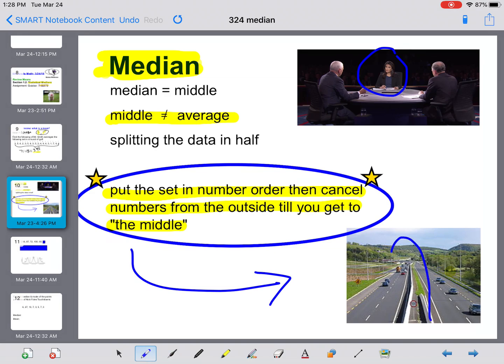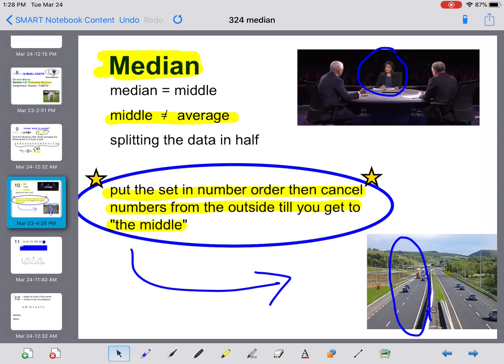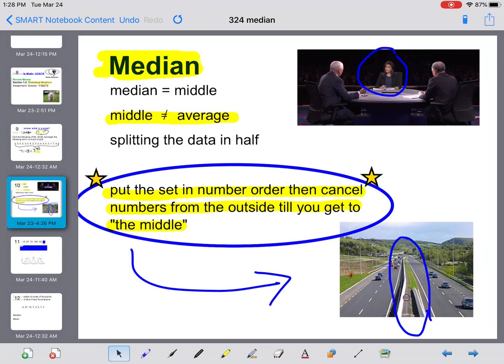A good example of this would be right here. If you need to get to the middle of the interstate, that's called a median as well. But what we need to do is, imagine if you're trying to get to the middle. What you have to do first is, and I do not recommend doing this, you're going to have to run across the shoulder. So we're going to have to cancel that out.